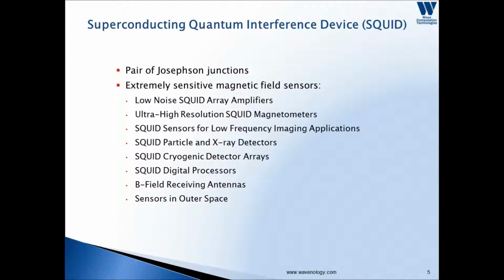You can put this device into the MRI coil, and also in X-ray particle detectors, even digital processors, B-field receiving antennas, as well as magnetic sensors in outer space. So these are the applications of the superconducting device.